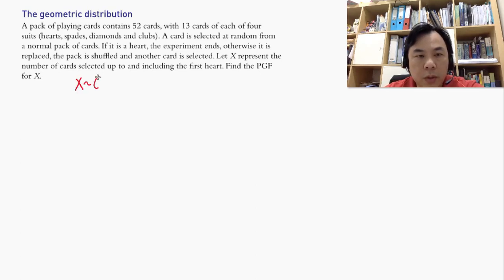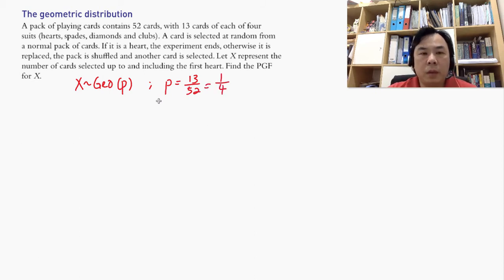Now, a geometric distribution has one parameter, which is the probability of success, p. The probability of success refers to the chance of getting a heart, so getting one card that shows a heart. We have 13 cards that represent hearts out of the 52 there. So the chance of getting a heart is 13 out of 52, which is actually 1 over 4. Right? Okay, so I hope that is clear.